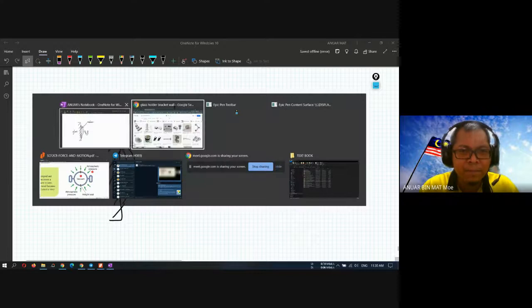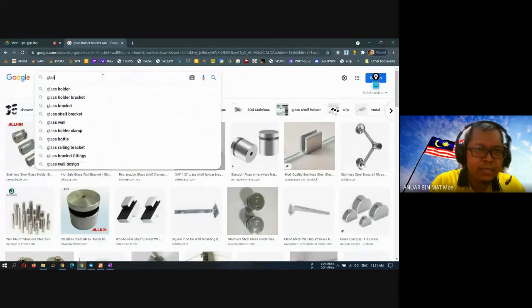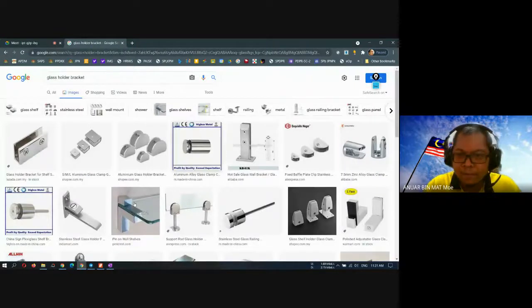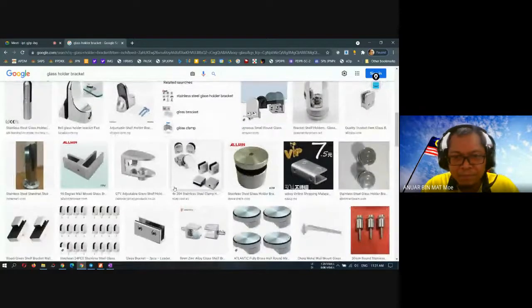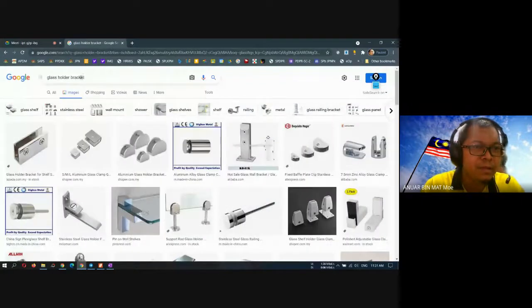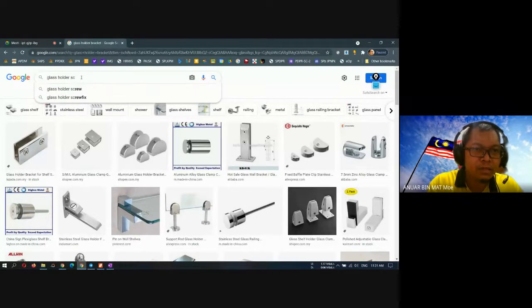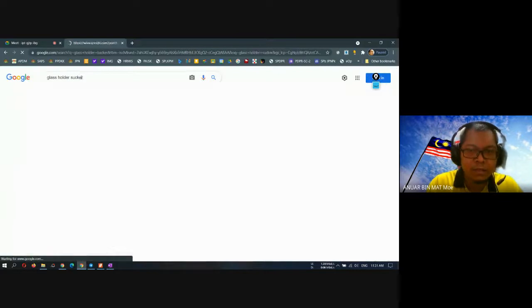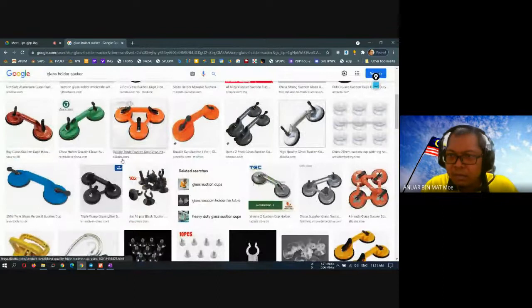Forgot the name. Glass holder bracket. Not glass holder. This one. Ayo, we call it what?